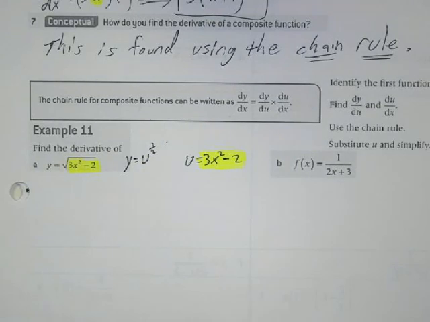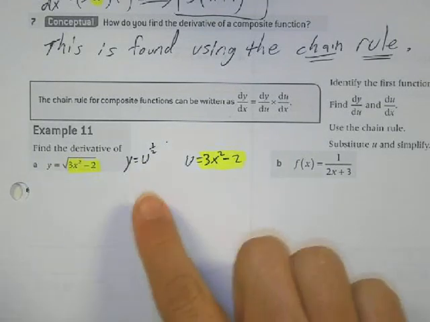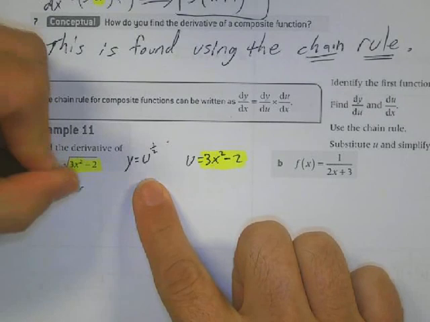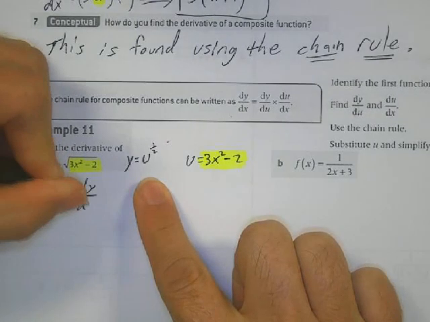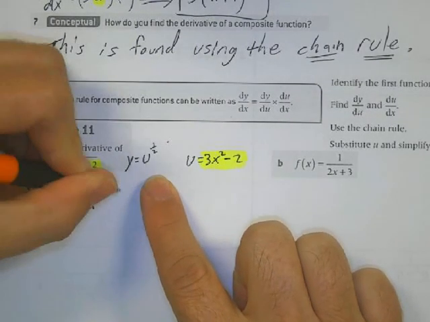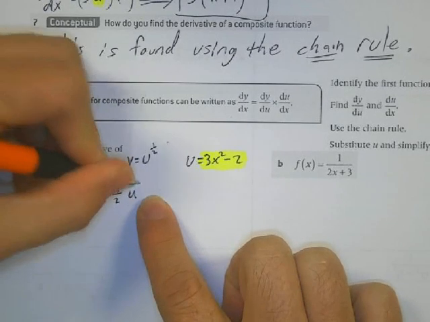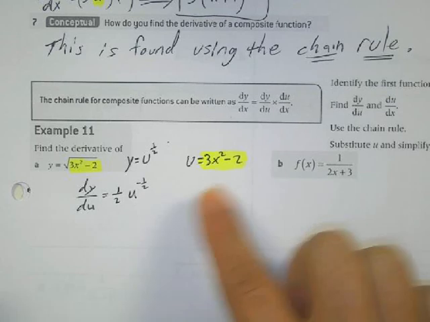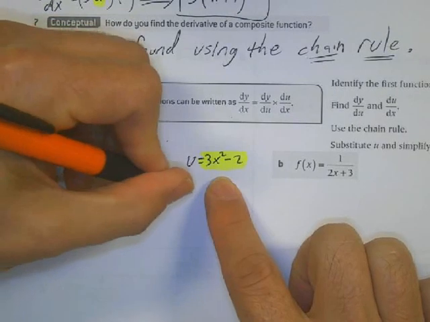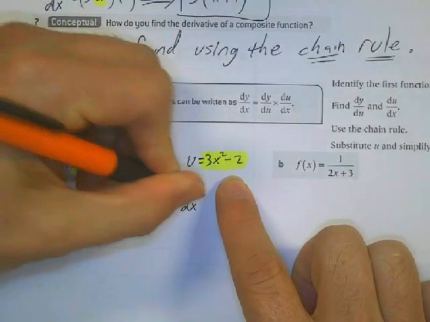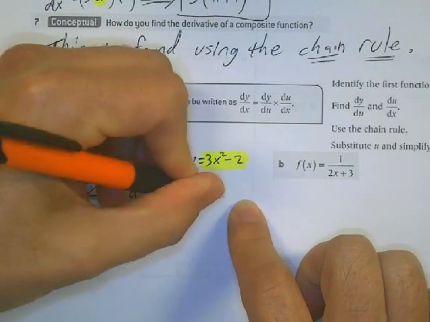Okay. So now dy/du is equal to, using the power law, 1/2 u to the negative 1/2 power, and here du/dx is equal to 6x.